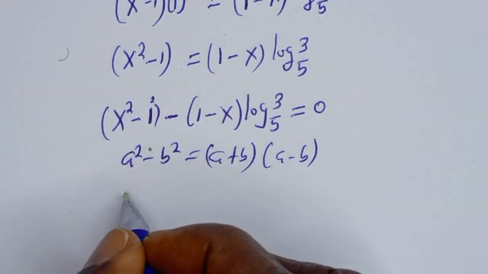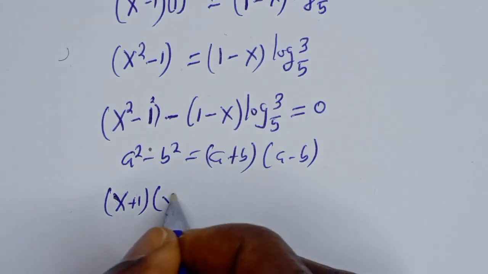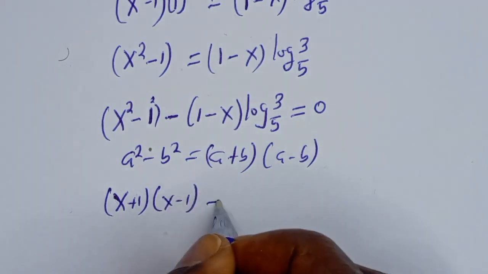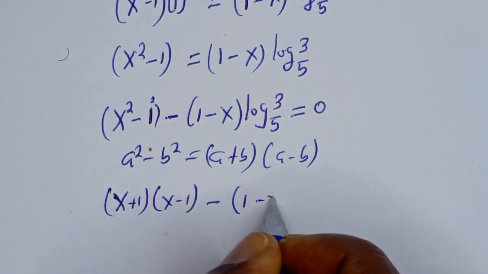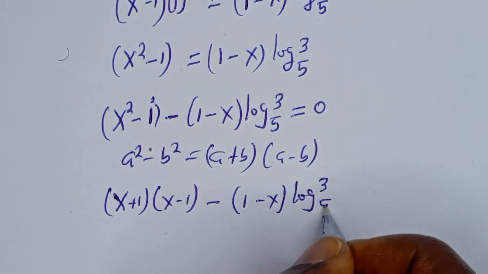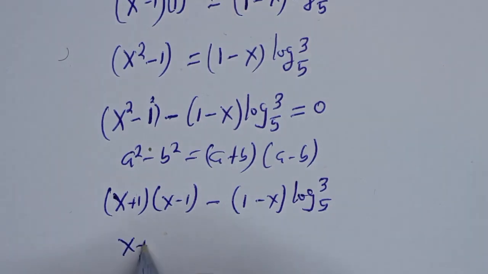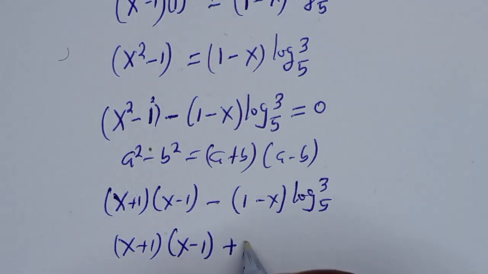Then this can be written as s plus 1 multiplied by s minus 1 minus 1 minus s log 3 base 5. Let's open this bracket with minus. We have s plus 1 multiplied by s minus 1 plus s minus 1 log 3 base 5.